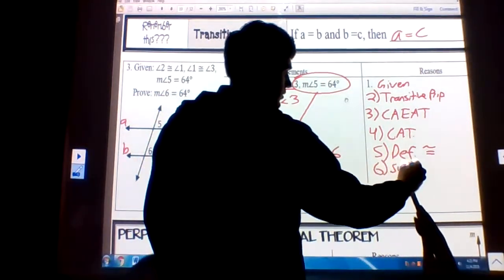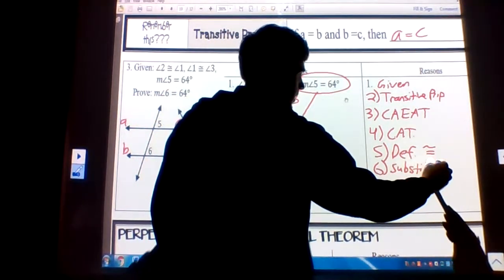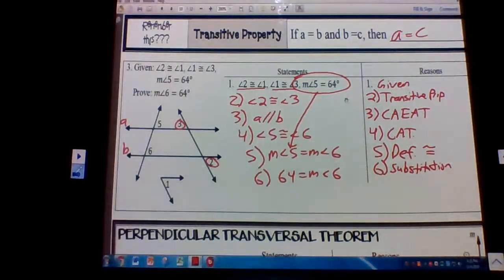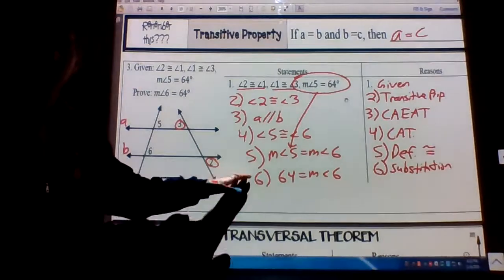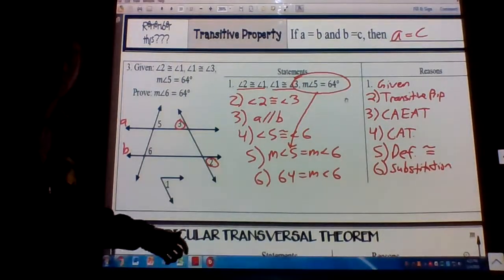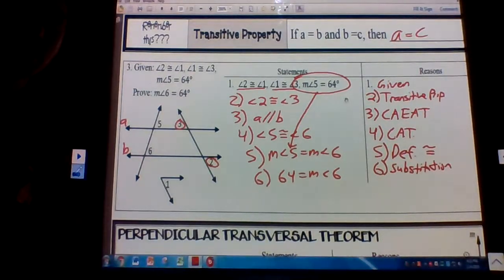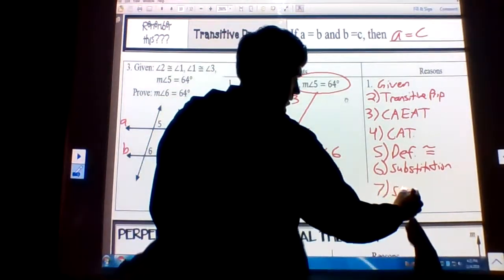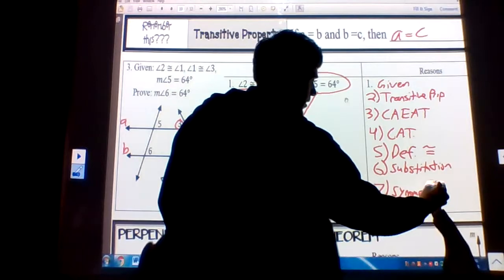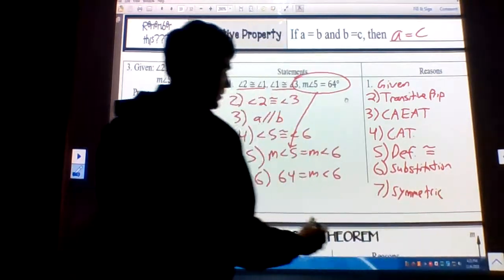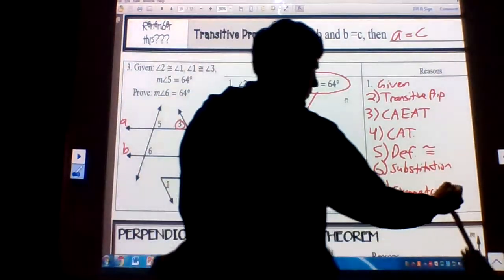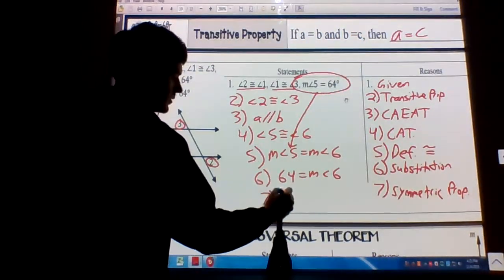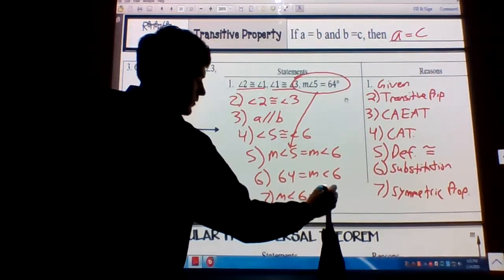That is substitution. And if we wanted to be perfect, again, this is fine. If we wanted to be perfectly fine, we would then use the symmetric property, okay, to say that the measure of angle 6 equals 64.